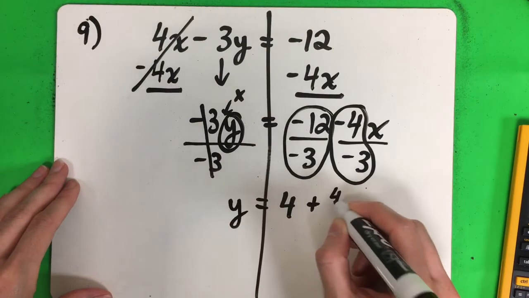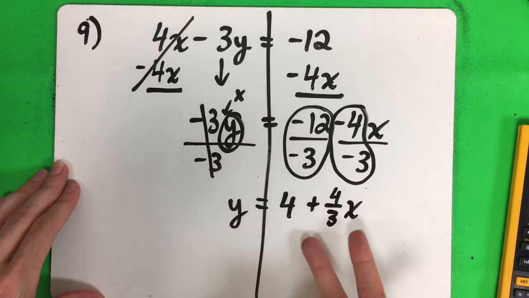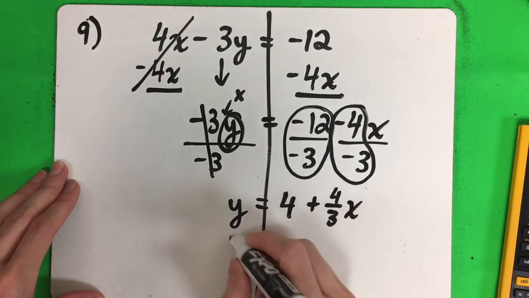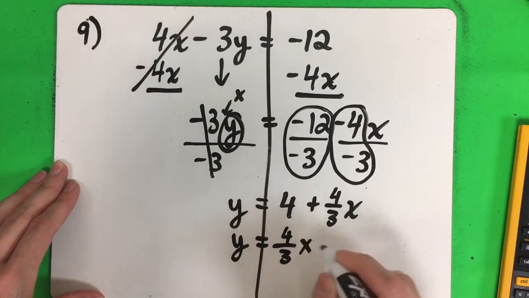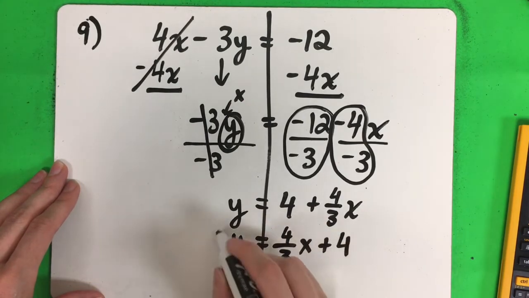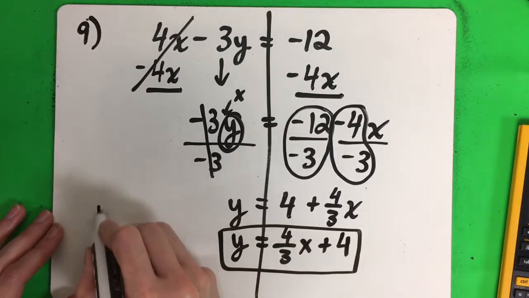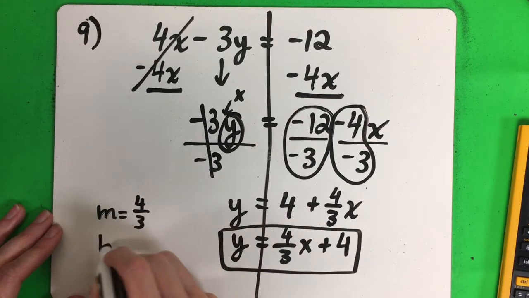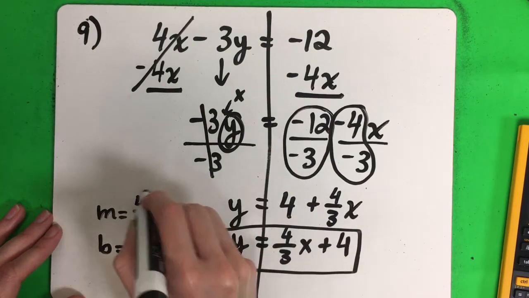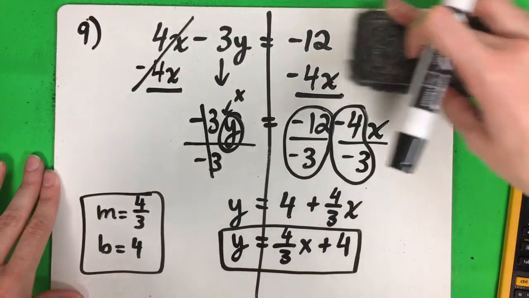So positive 4/3, copy x. Now we need to switch. So y equals positive 4/3 x, positive 4. There it is. What is my slope? Slope 4/3, y-intercept 4. There. One more, last one.